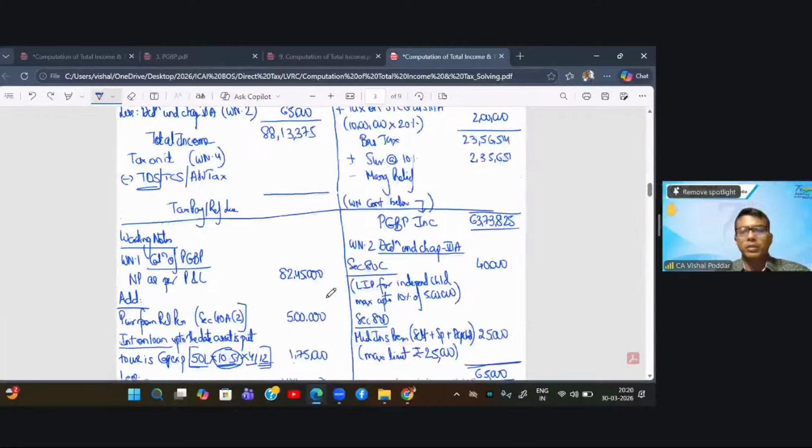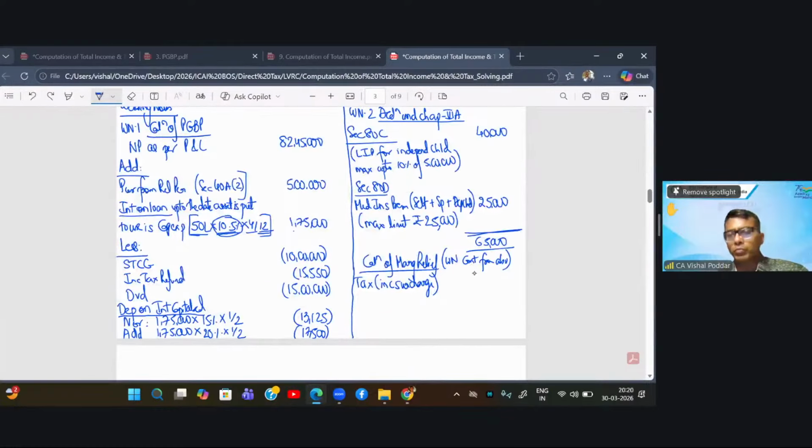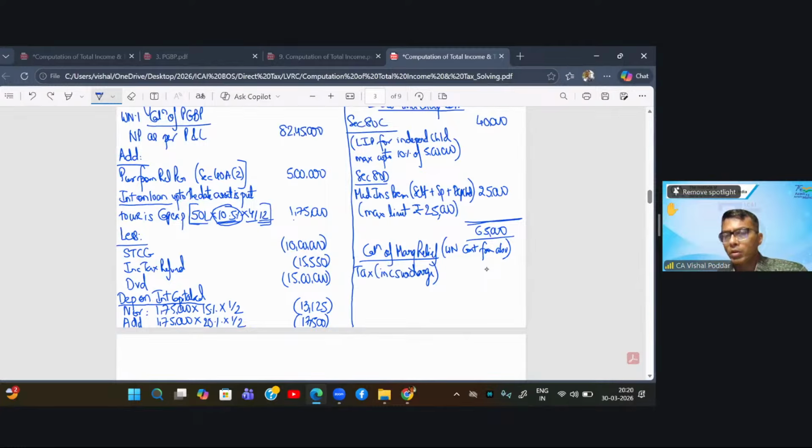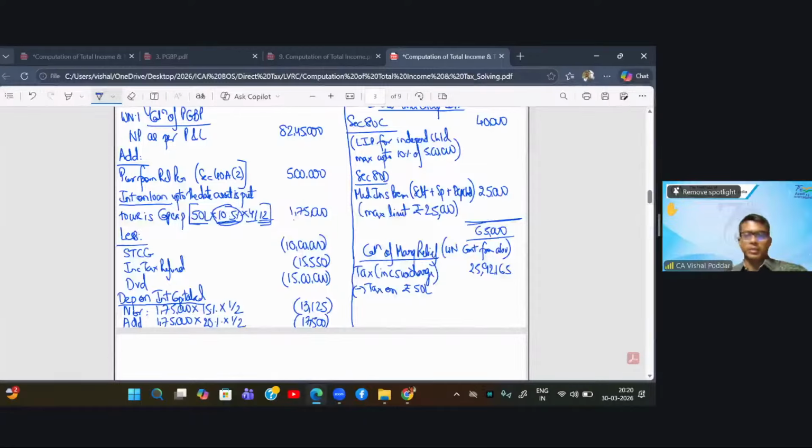It comes to 25,92,165 minus tax on rupees 50 lakhs.